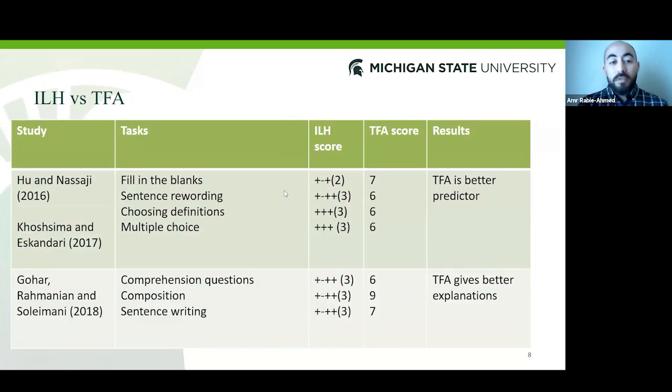And a couple of studies compared the involvement load and the technique feature analysis, and all of them, using different tasks, found evidence for the superiority of technique feature analysis in predicting the deep processing of vocabulary learning.